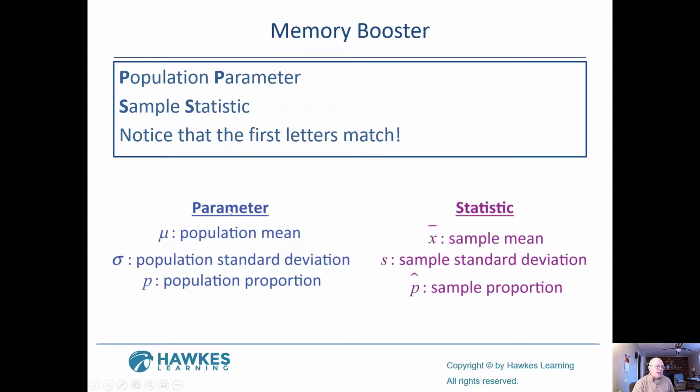Quite often, these parameters are in Greek letters. The Greek letters represent what you'd really like to know. For the statistics, typically those are normal letters like X and S and P and so on. You can usually go by that. It's not 100%, but for your current purposes, that'll do the job.